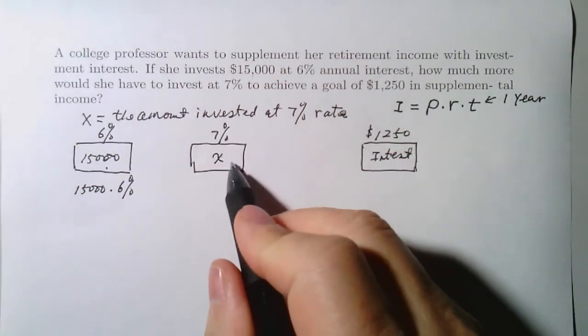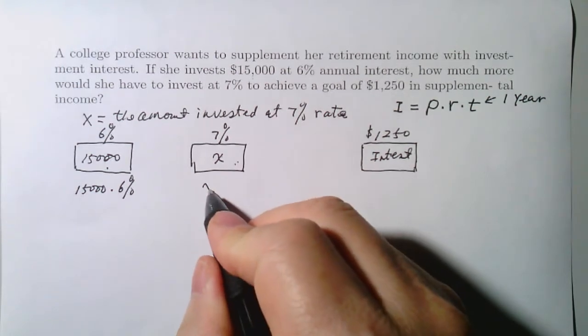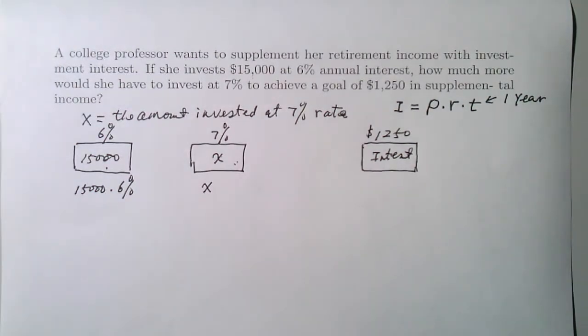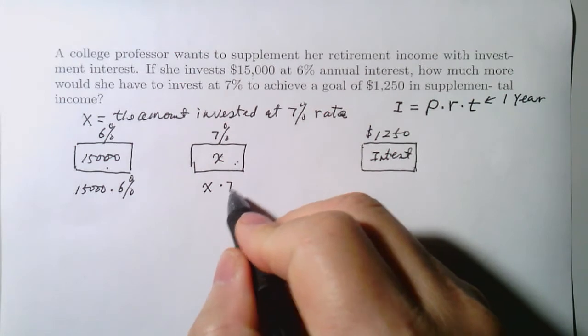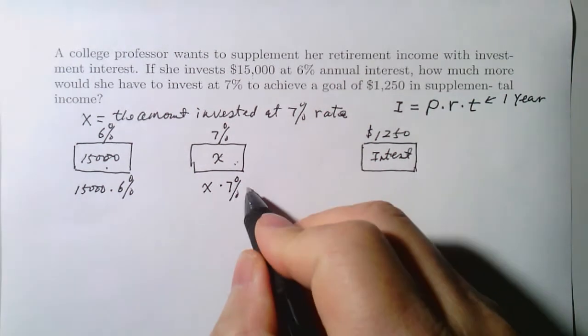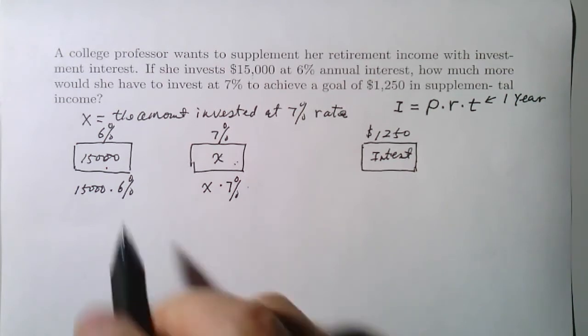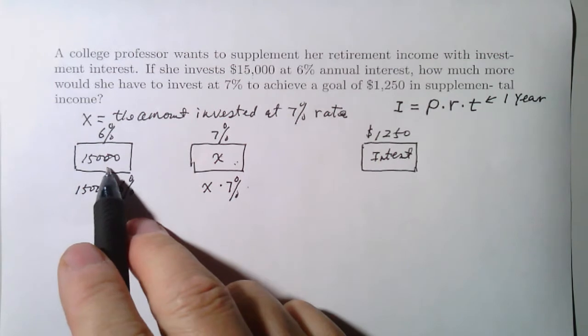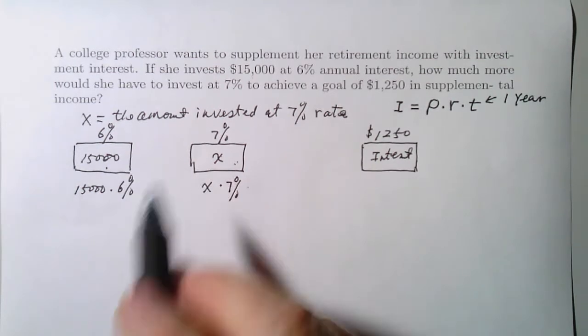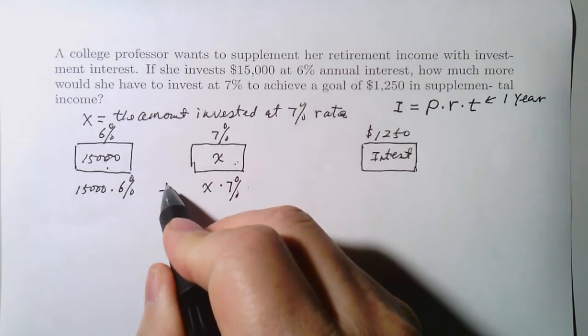From this account, the principal is x, times 7%, times 1, which is the time, but I don't need the 1 there. So the total interest earned from both accounts, we add these two together.